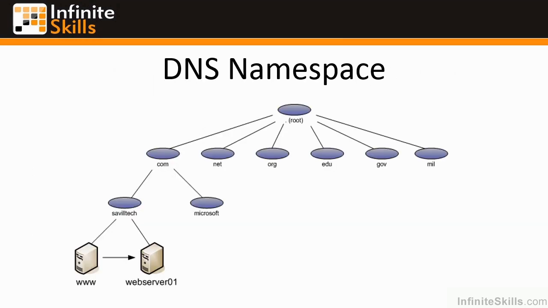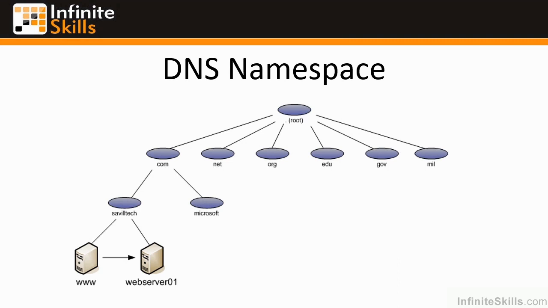So firstly, the DNS namespace is hierarchical. There is a root, and then from this root there are a number of top-level domains, such as com, net, org, edu, etc. Then there are second-level domains, such as Savaltech and Microsoft, and they are a child of one of those top-level domains.